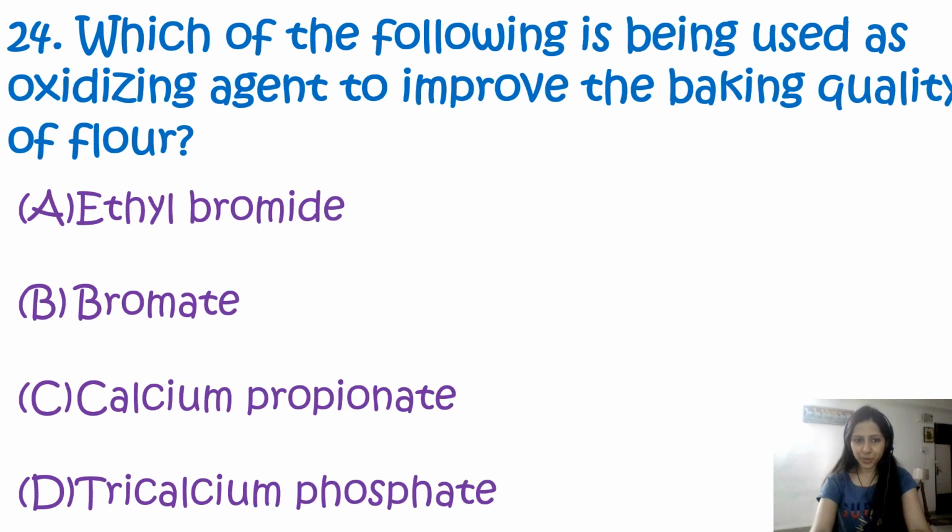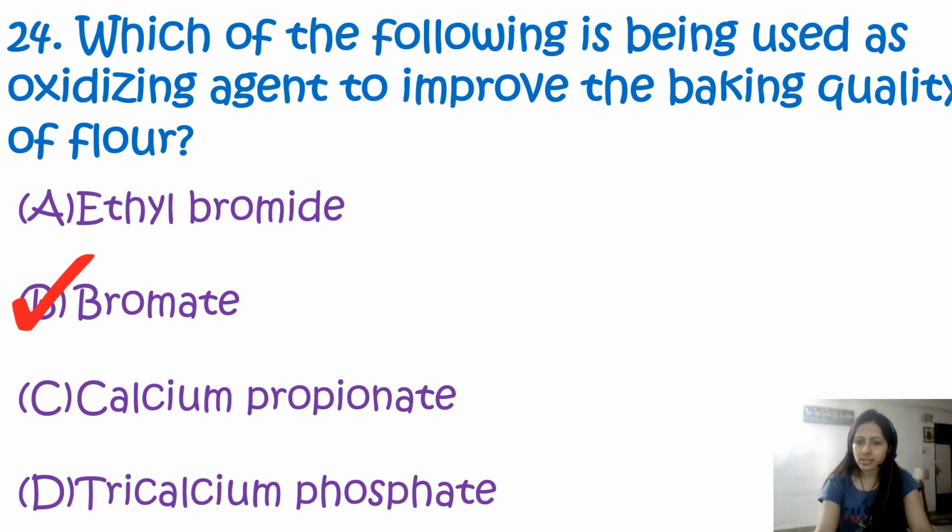Next, question number 24. Which of the following is used as an oxidizing agent to improve the baking quality of flours? Options are ethyl bromide, bromate, calcium propionate or calcium phosphate. Correct option is B, that is bromate. It can be potassium bromate or sodium bromate. It is commonly used as an oxidizing agent in flour to strengthen its gluten, which improves the texture and volume of baked goods, for example cakes or breads.